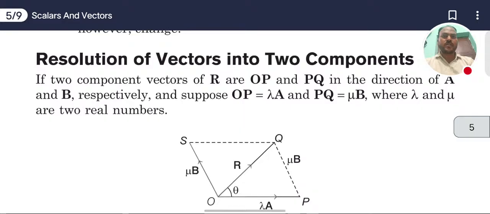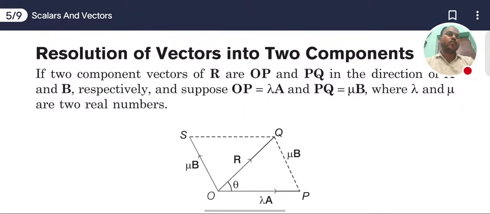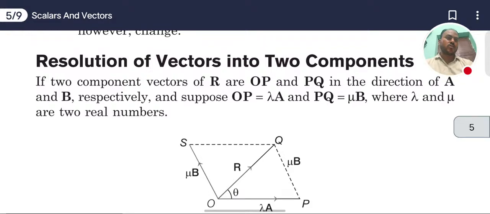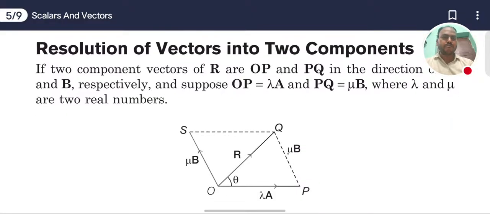Now next one, resolution of a vector into two components. If the two components of the resultant vector R are OP and PQ in the direction of A and B, then this diagonal OQ is considered as the resultant.